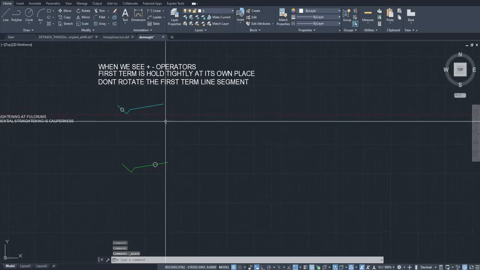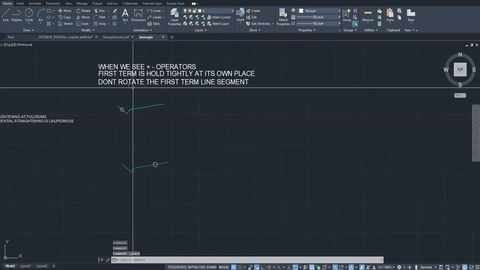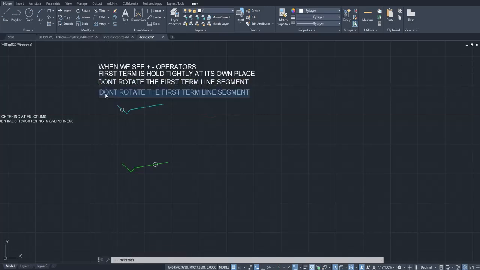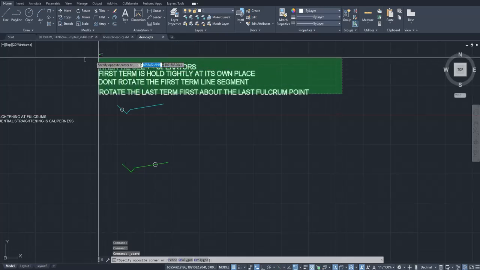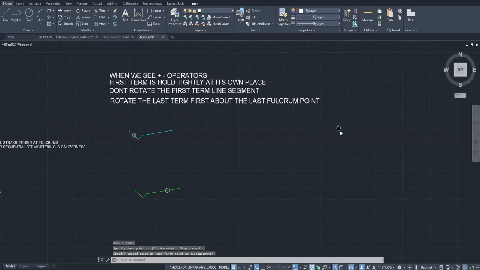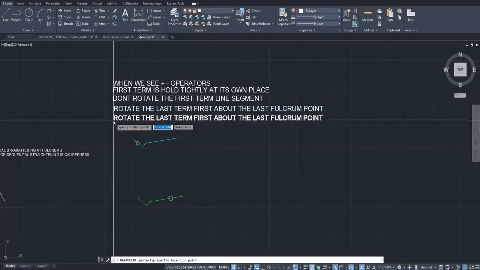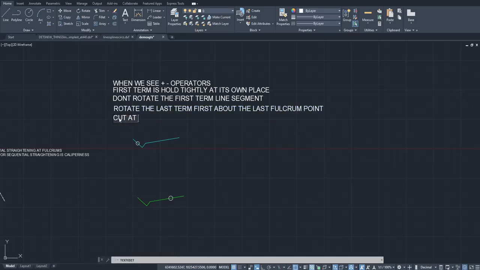If you have to rotate the last term, rotate the last term first about the last fulcrum point, and so obviously cut at the first fulcrum, or the well planned fulcrum.